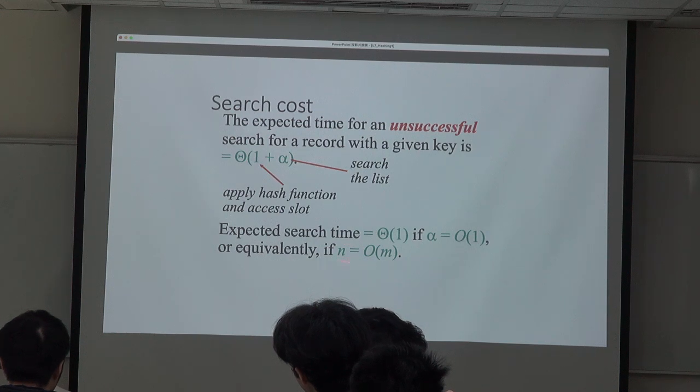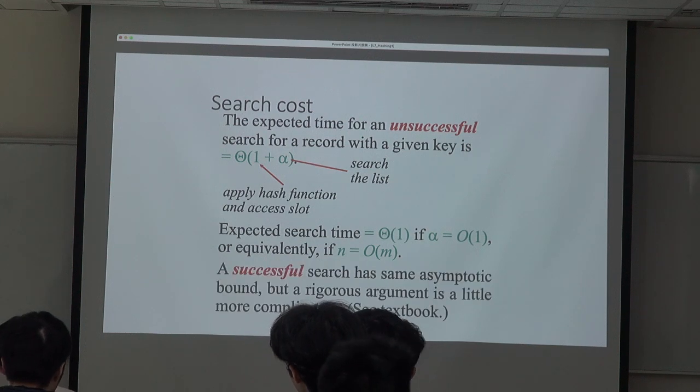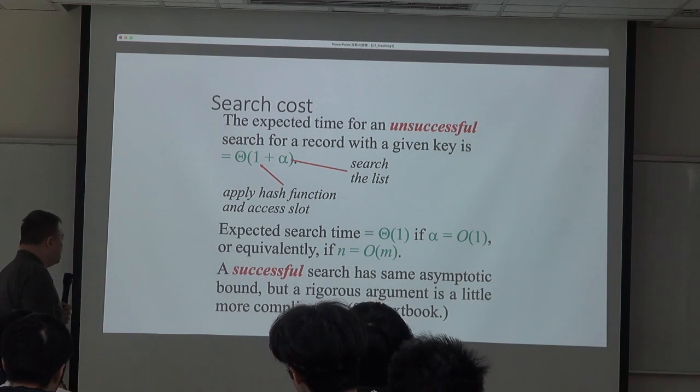So if n is big O of m, alpha obviously is constant. Okay. So a successful search has the same asymptotic bound.